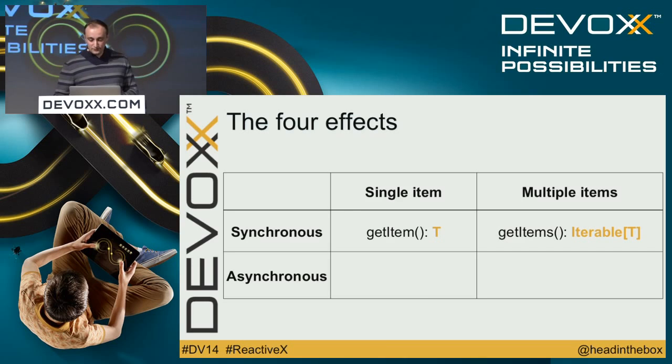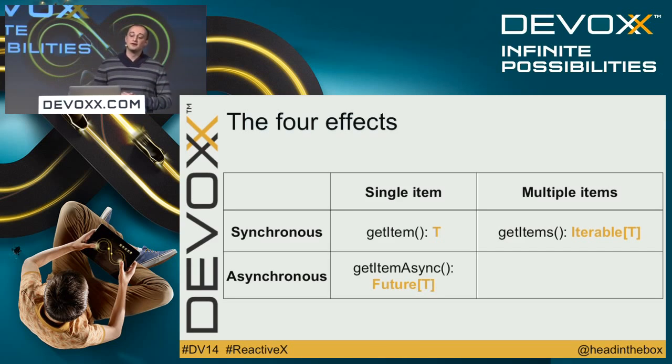Now, what do we do if we want an asynchronous computation which results in a single item? Well, instead of just returning a type T, now we call getItemAsync, just a name, and that returns a future of type T. A future is more or less like an IOU.